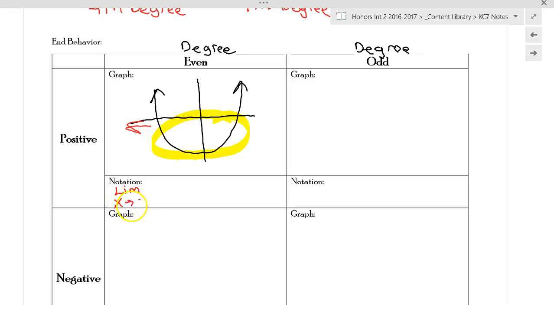That means it's going towards negative numbers, so negative infinity. Once I say what x does, I need to say what y does. So y, instead of saying y, we say f of x equals, and when I look at my graph it's going up. Up is positive numbers, so it's going towards positive infinity. So the limit as x approaches negative infinity of f of x equals infinity.